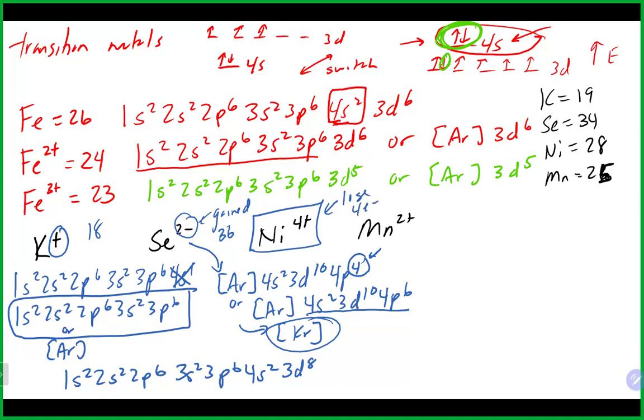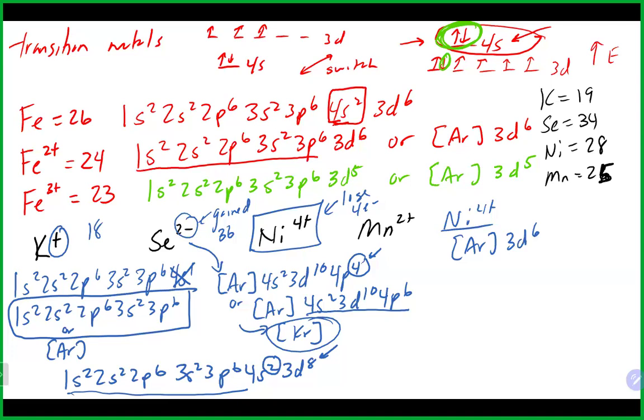That means it's going to go down to 24 in this case. That is 2 from the S that's going to be lost first. We will then need to take an additional 2 out of the d. And that's going to give us, for nickel with a +4 charge, using our abbreviation, argon, again 3d6 in this case. The 4s2, both of them go, and then 2 of the d electrons as well.